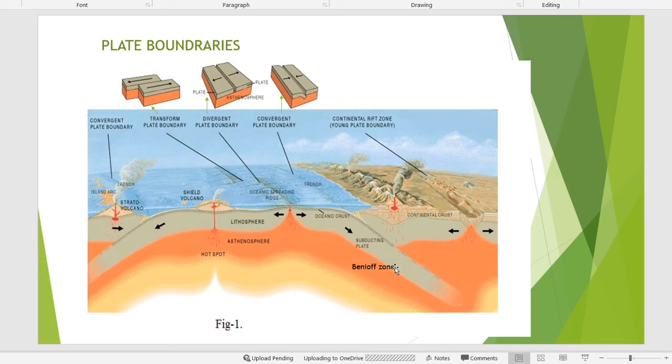This is also known as the subduction plate, and this region is called the Benioff zone.